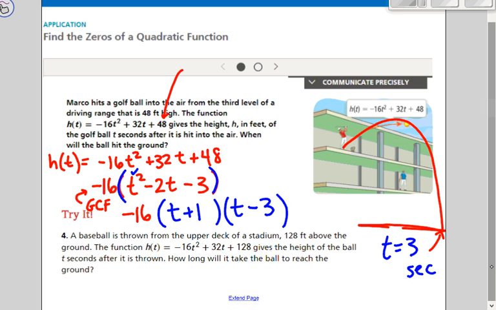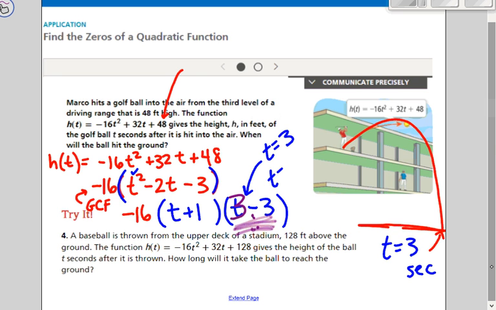And the reason that works is right here. Think about the zero product property. T would have to be 3 to make this function equal 0, right? For the height to equal 0, the time would have to be 3 because 3 minus 3 is 0.